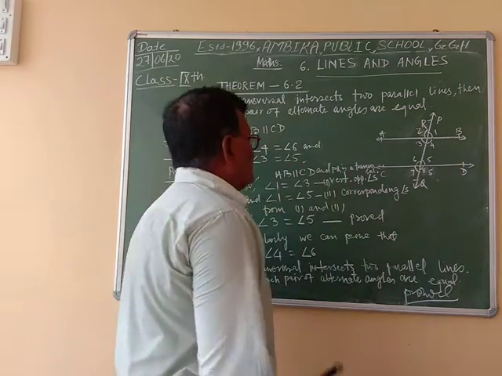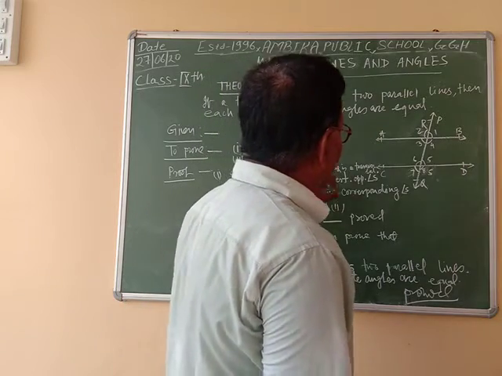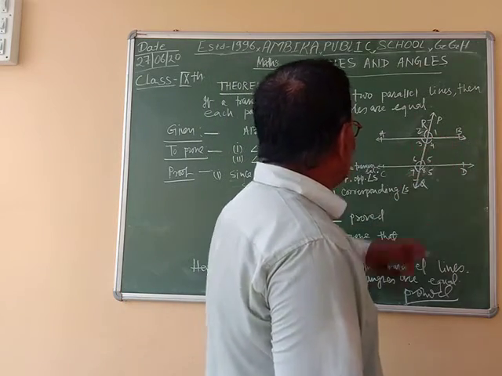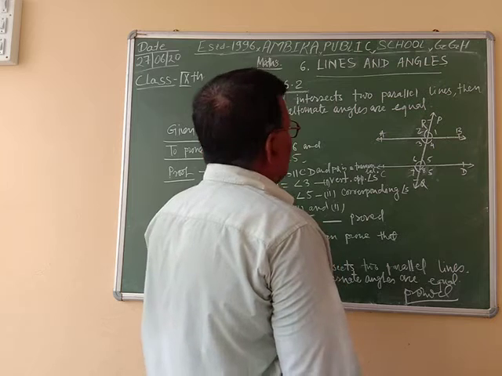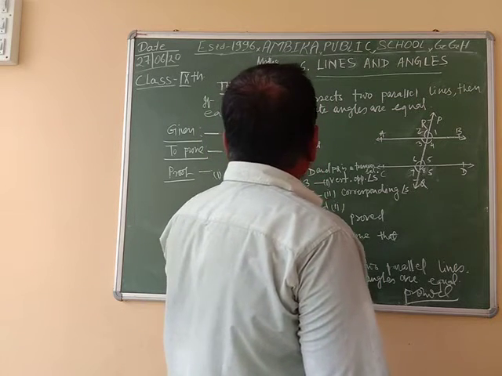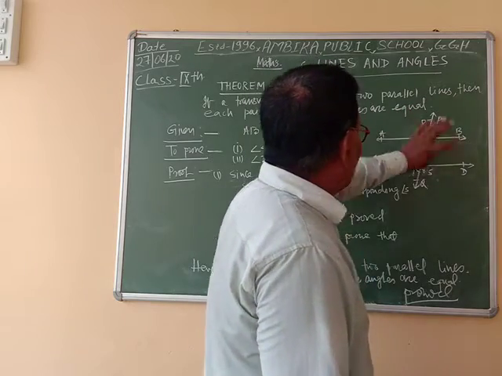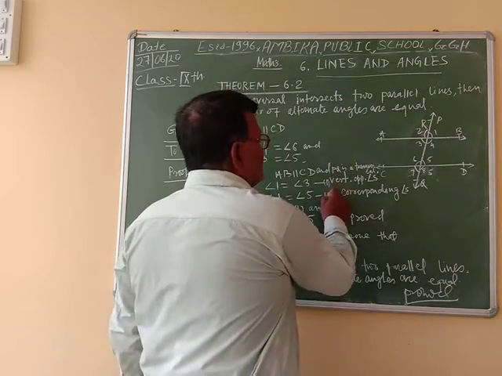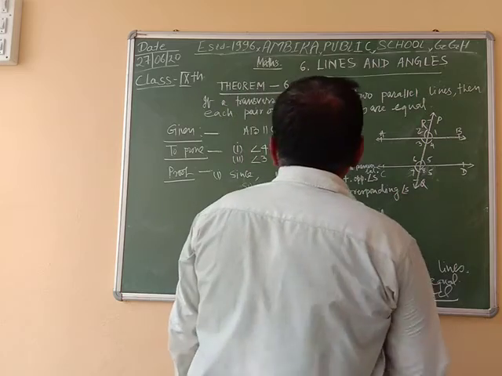If two lines intersect, vertically opposite angles are equal. Here angle 1 and 3 are vertically opposite angles, so it is equal. Angle 1 is equal to 3 and angle 1 is equal to 5 are also corresponding angles.